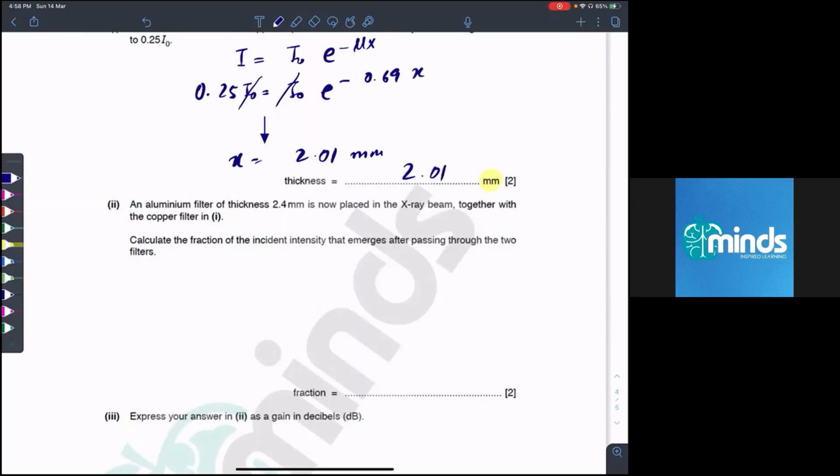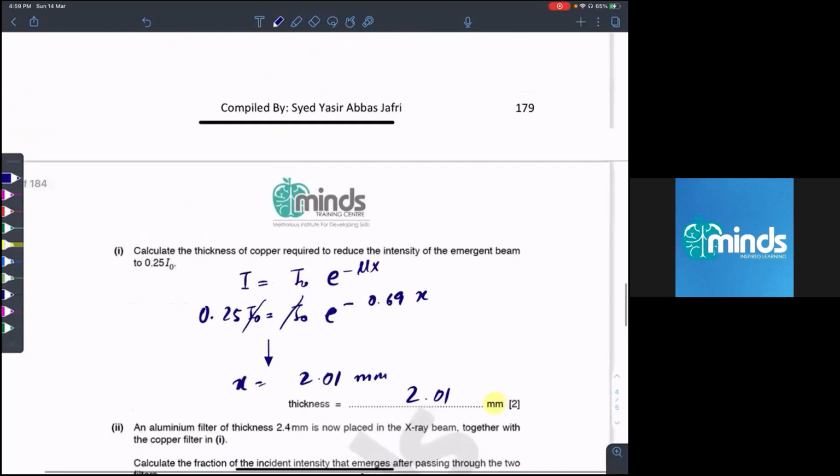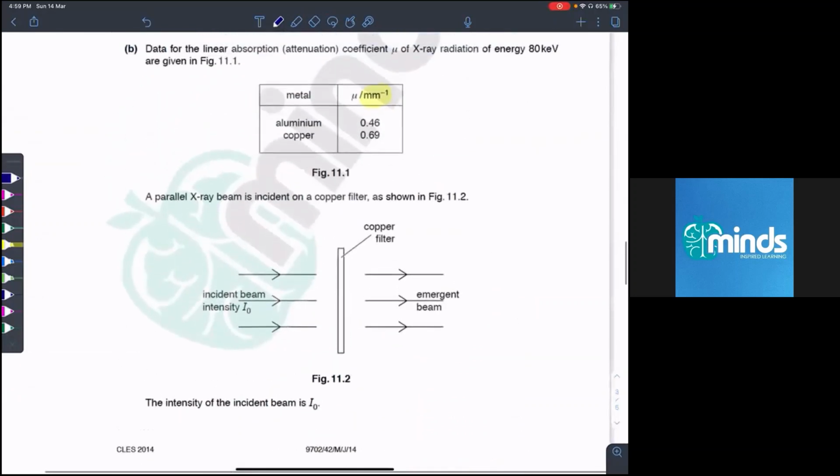So let's talk about the impact of aluminum. You will say I equals I naught e raised to minus mu x. If I'm calculating I over I naught, what fraction will aluminum absorb? So it will become e raised to minus mu. For aluminum, the value of mu is 0.46.